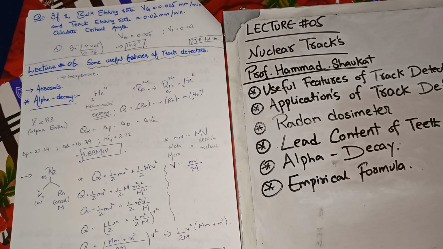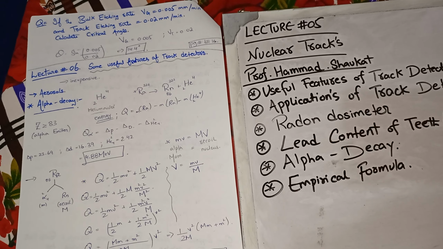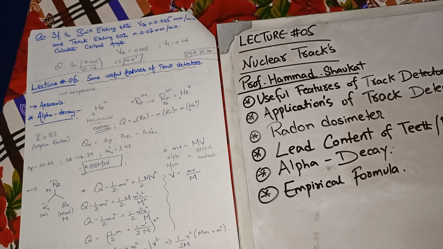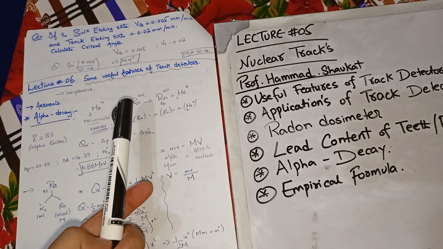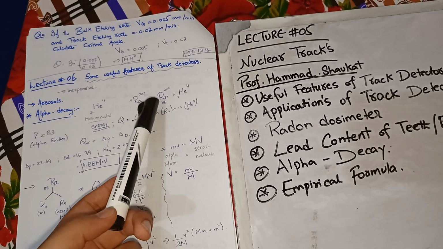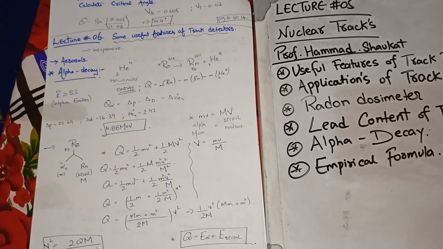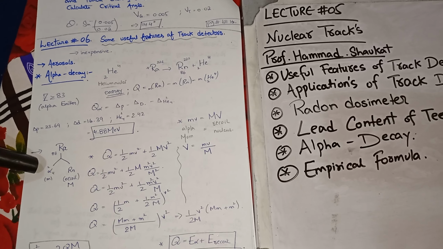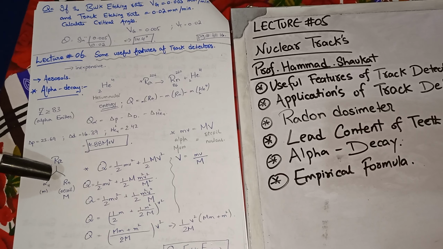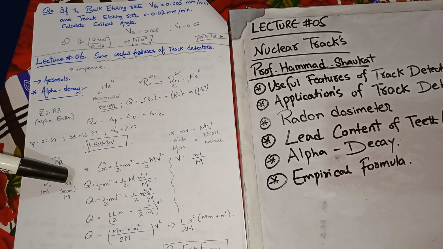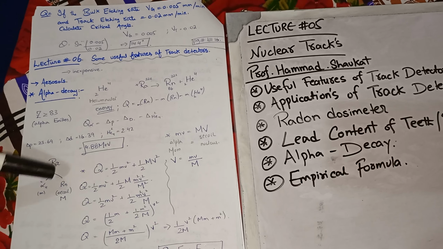But conservation of momentum is obeyed here: the momentum incoming must equal the outgoing. You can see the parent decays into an alpha particle and the recoil nucleus.